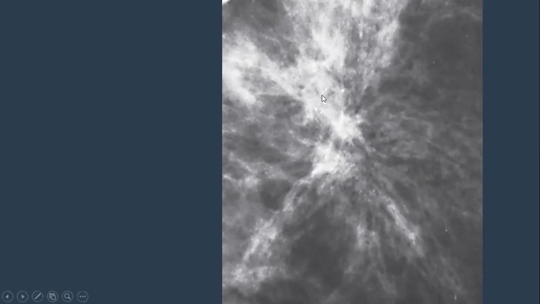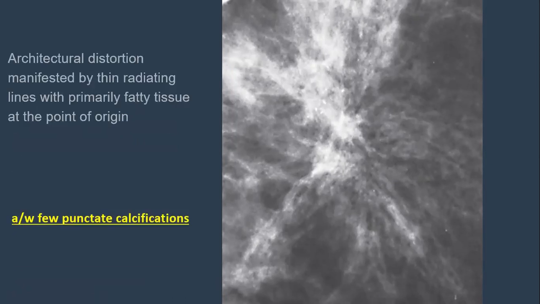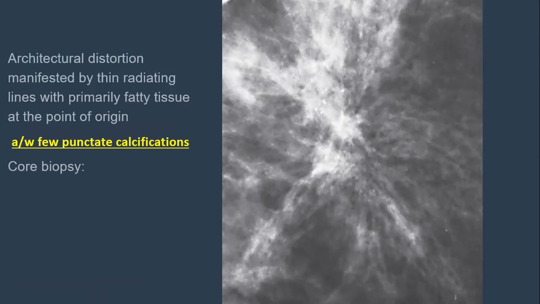What about these densities? There is asymmetry and calcifications. And they mentioned that it was a radial scar. Core biopsy revealed radial scar.